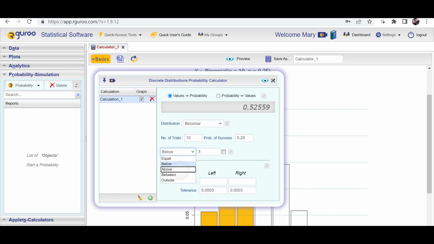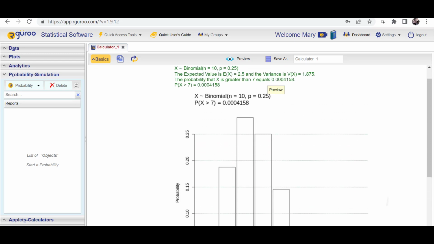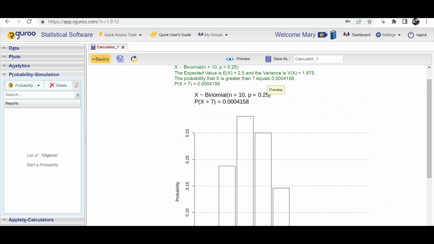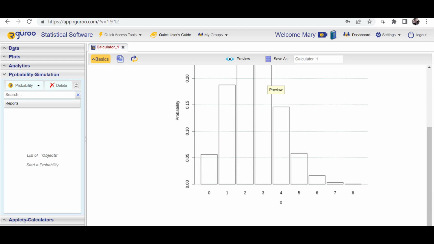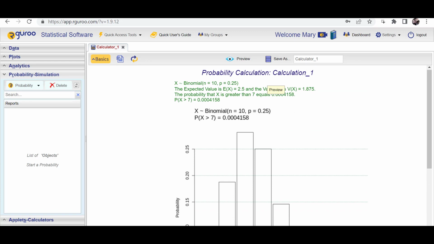Now we're doing above 7. 7 is not included, so uncheck it. And then just look to make sure. Now, because we're doing more than 7, we would shade 8, 9, and 10. And basically those probabilities are so small you can't see the shading, and you can see a very small number here, 0.000418, and I'd probably round it to 4 decimal places, so 0.0004.